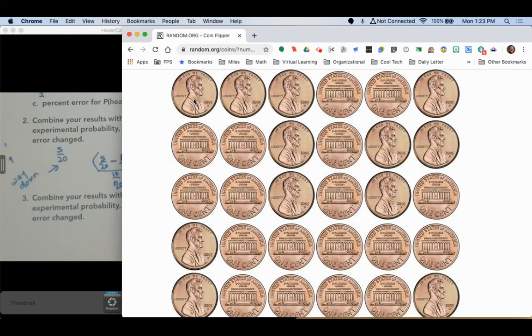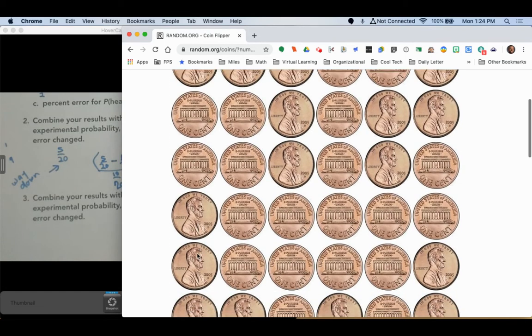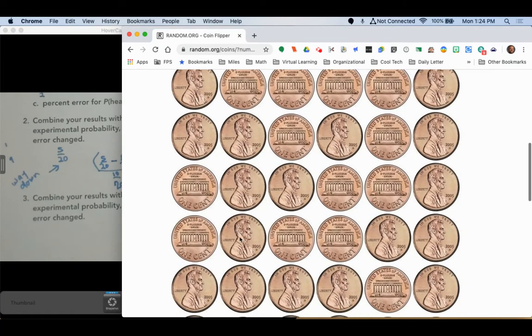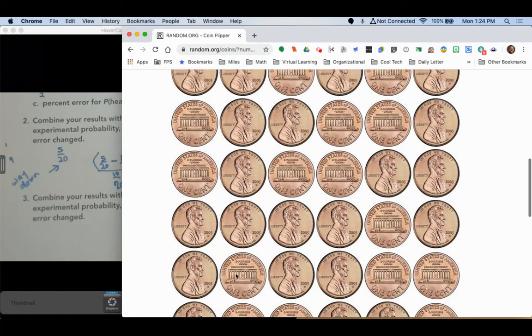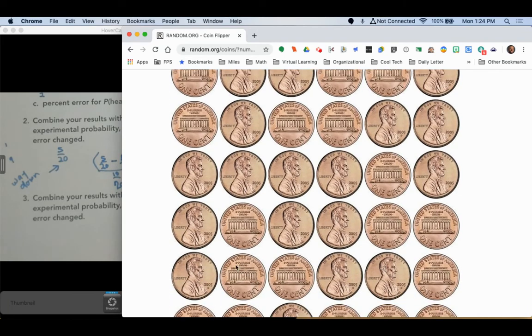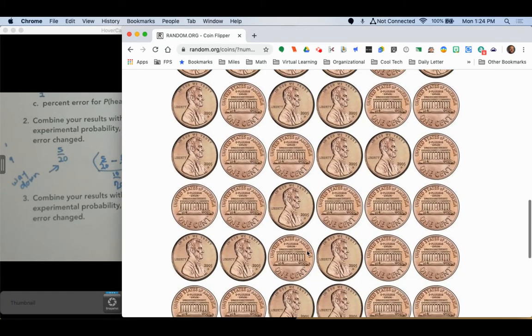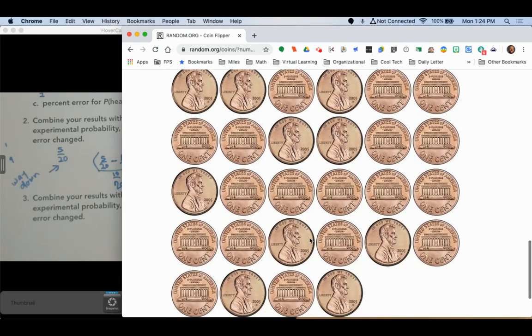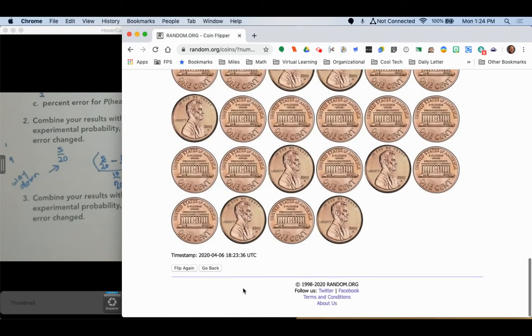All right. I'm going to count the number of heads here. 1, 2, 3, 4, 5, 6, 7, 8, 9, 10, 11, 12, 13, 14, 15, 16, 17, 18, 19, 20, 21, 22, 23, 24, 25, 26, 27, 28, 29, 30, 31, 32, 33, 34, 35, 36, 37, 38, 39, 40, 41, 42, 43, 44.